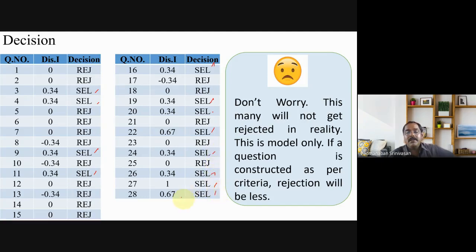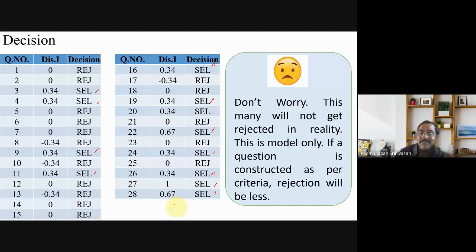Yes, 12. I think 12 questions got selected out of 28 questions. So only almost less than half.